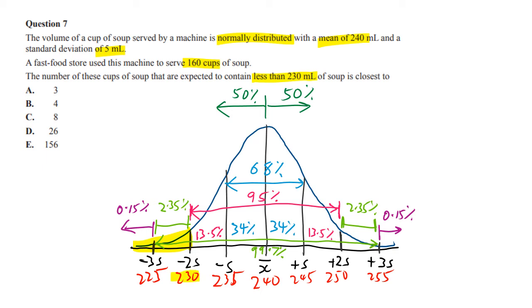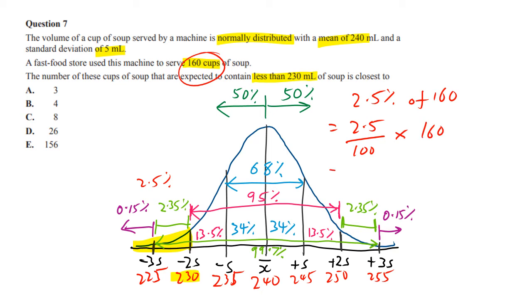And you probably should know by now that this area adds up to 2.5%. But it's of this 160. So it's 2.5% of 160. And if you do some quick maths on that, you would get B, 4.